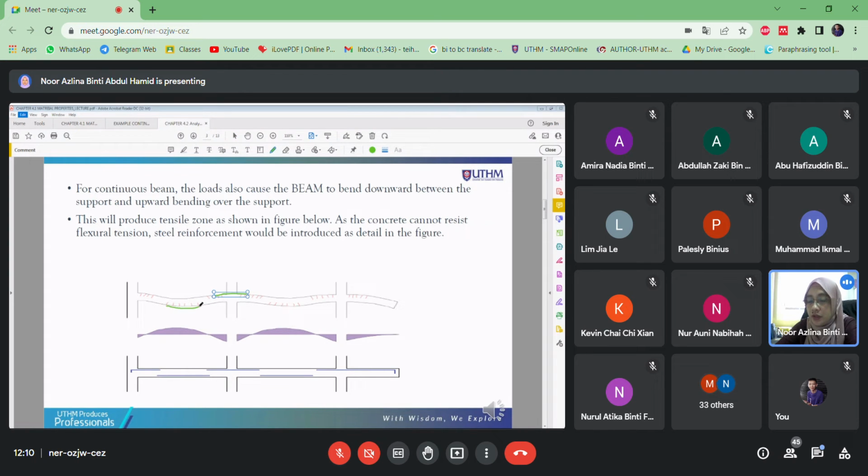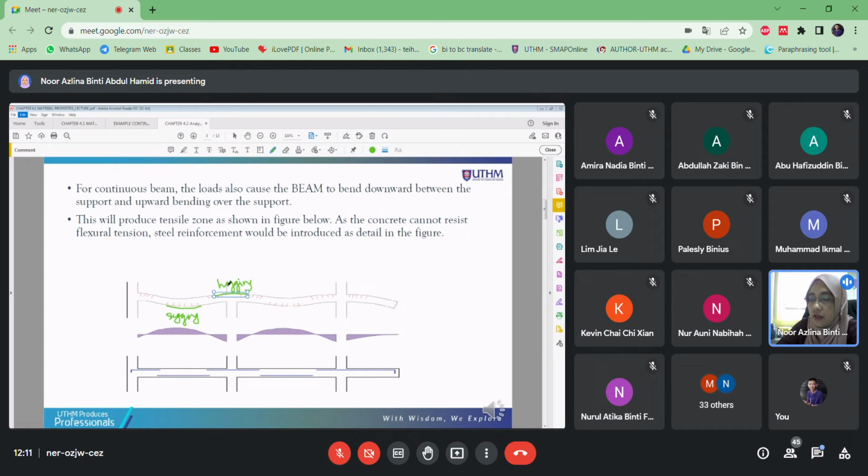The downward here, if I'm not mistaken, we call it sagging. This is hogging. Hogging part.